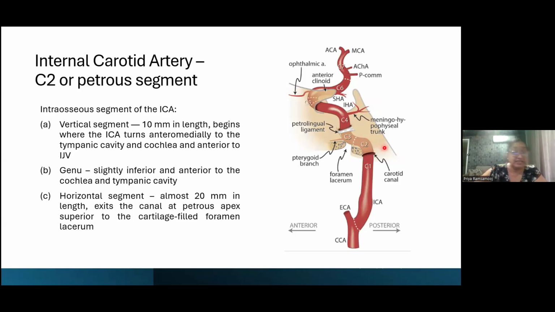It bends anteromedially, becoming the horizontal segment, which is almost double the length of the vertical segment, 20 millimeters. And at that point, it exits at the edge of the foramen lacerum. At that point, it is deep and medial to the greater and lesser superficial petrosal nerves and anterior to the tympanic membrane. So we've covered C1 and C2, and we're moving along to C3.